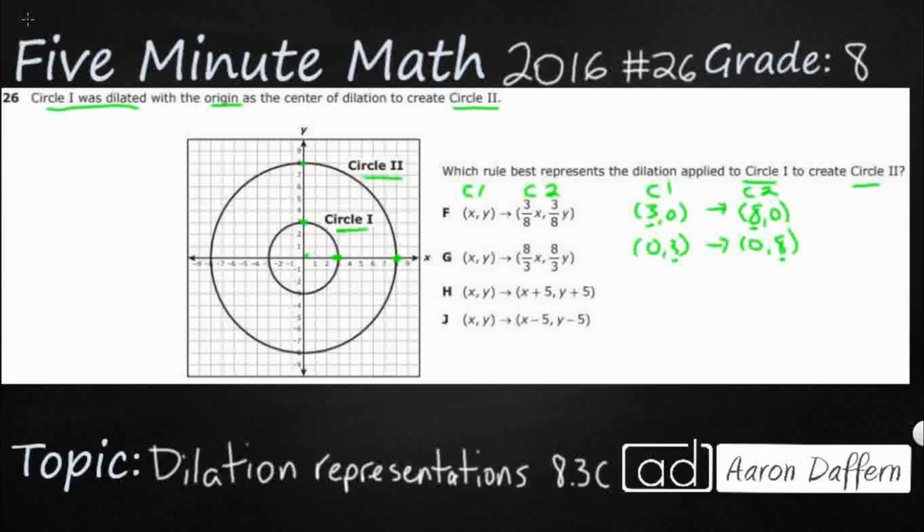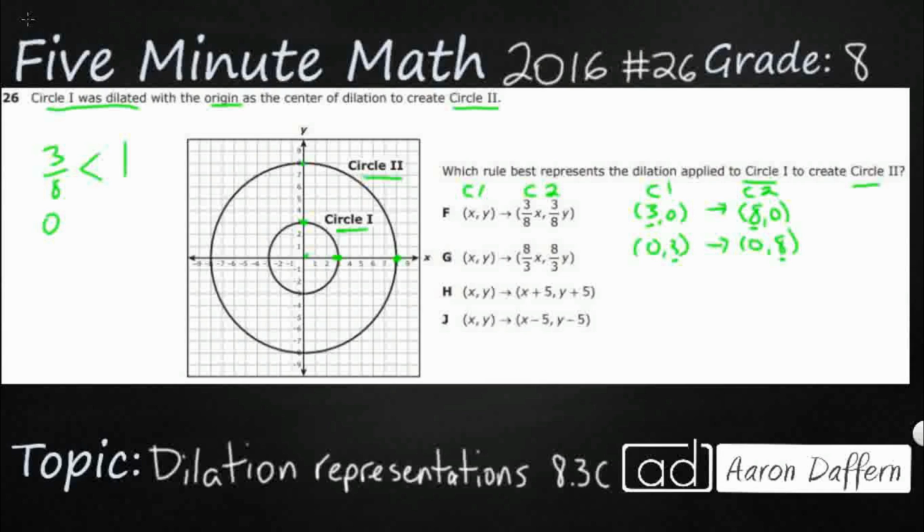Well, if we multiply by 3 over 8, let's take a look at that first. That's our F option. So 3/8, that's the problem. It's less than 1. So here's the rule. If you multiply by something less than 1, then you are actually multiplying by a decimal.